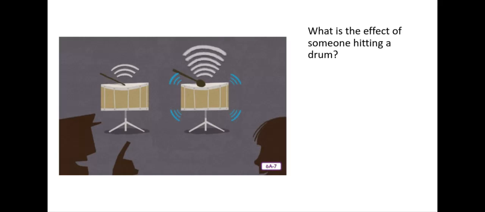The effect of a soft hit, very low intensity, is not much vibration. So there's not going to be intensity in the sound. It's not going to be as loud. Whereas if you have high intensity, when you hit it hard, then the sound is going to be high intensity, a high frequency. It's going to be loud.